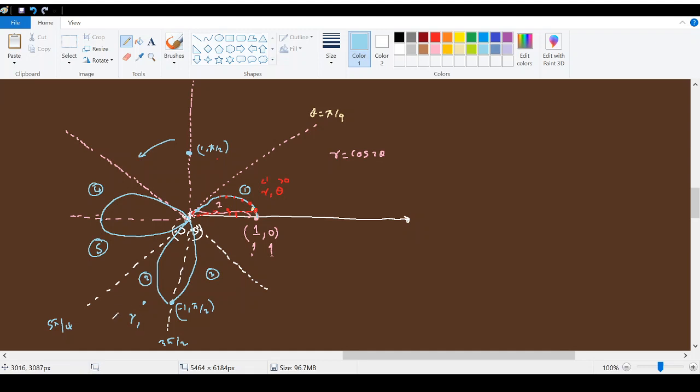It will have an angle which is greater than 5 pi by 4 and less than 3 pi by 2, right? And if you get the negative radius, then that point will move towards this region. So what you get is something like this, right? This is the sixth region.